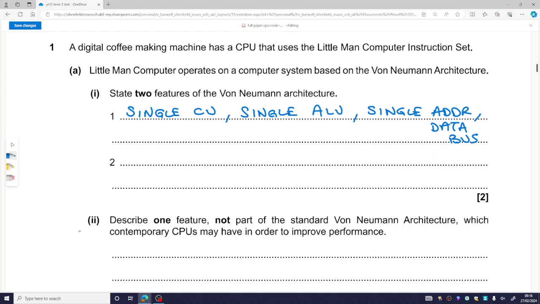The other things that were defined by von Neumann when he came up with this model for a CPU was shared memory. So the data and the instructions are in the same memory. It just simplifies how we access data and instructions, because when we were building all this stuff to start with, it was complicated enough.